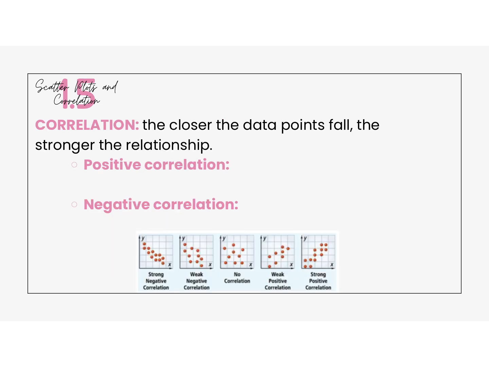So when we talk about correlation, the closer the data points fall, the stronger the relationship. So an example of a positive correlation would be something like studying, right? The more you study, the better you do in class, right? The better your grade.